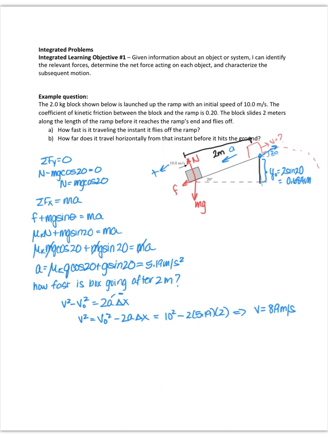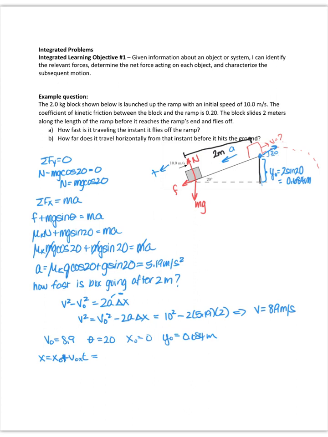So my V naught is 8.9, my theta is 20, my X naught is 0, my Y naught is 0.684 meters. I'm doing a projectile motion problem at this point. So my X is equal to X naught plus V naught X t. My X naught is 0.